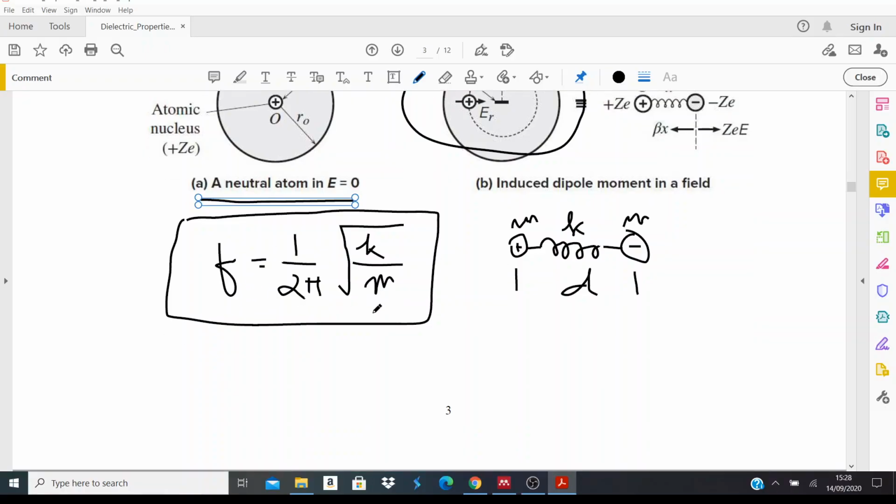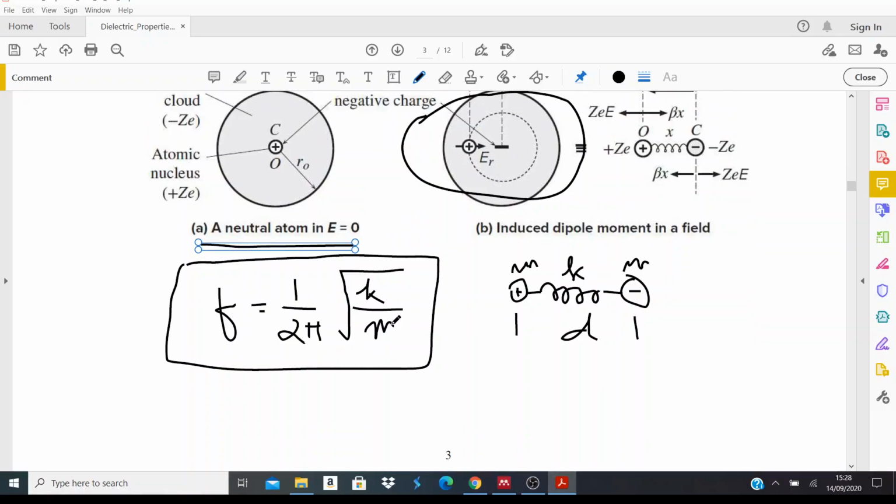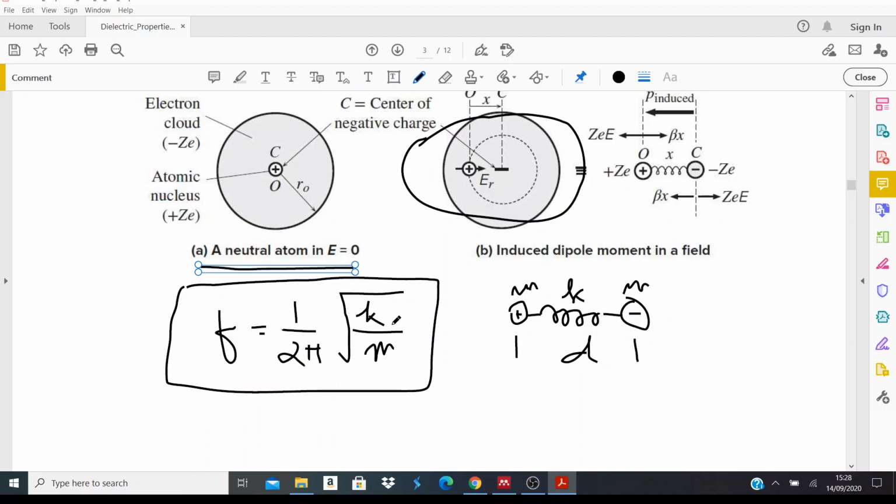And these things will become important because, as we discuss in the lectures to come, you will see that this frequency of vibration for the dipoles inside the material has to be comparable to the externally applied electric field fluctuation. So there is some relation between this spring constant, mass of the dipoles, and so on, right?